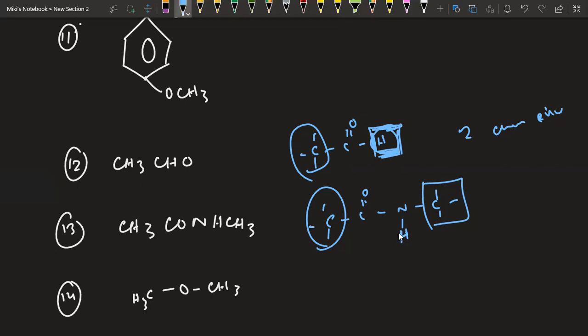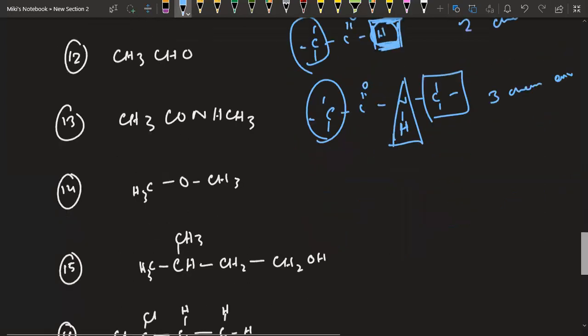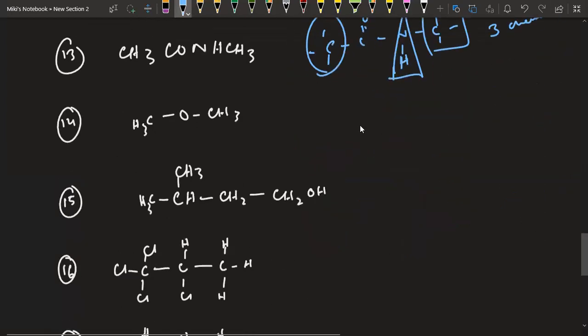Remember I told you that wherever you see hydrogen, mark it. So here we have another environment for this amine part. So NH, that's the environment. So here we have in total 3 chemical environments. Let's move to the next one where we have, let's say, CH3.